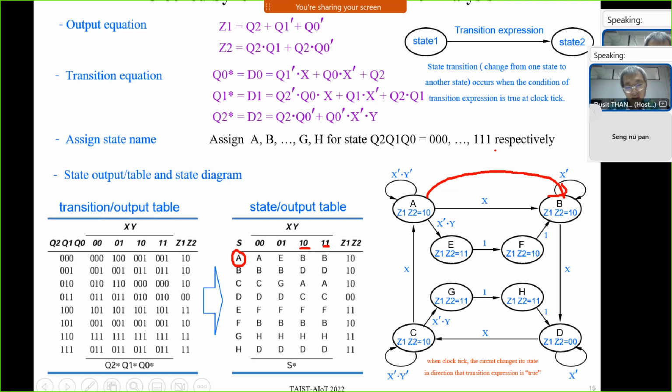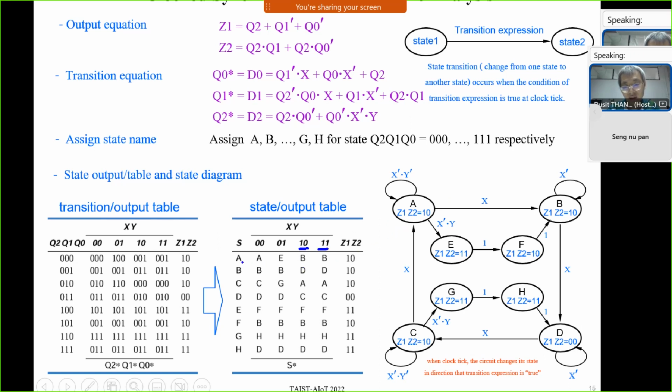If input is 1, 1, change from A to B also. So you must write a lot of arrows, or arcs. So to reduce the number of lines in the diagram, we can use the technique from the previous lecture.